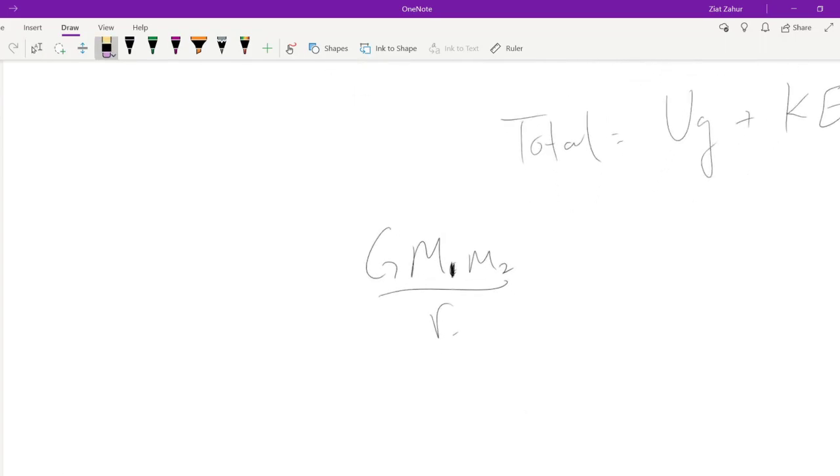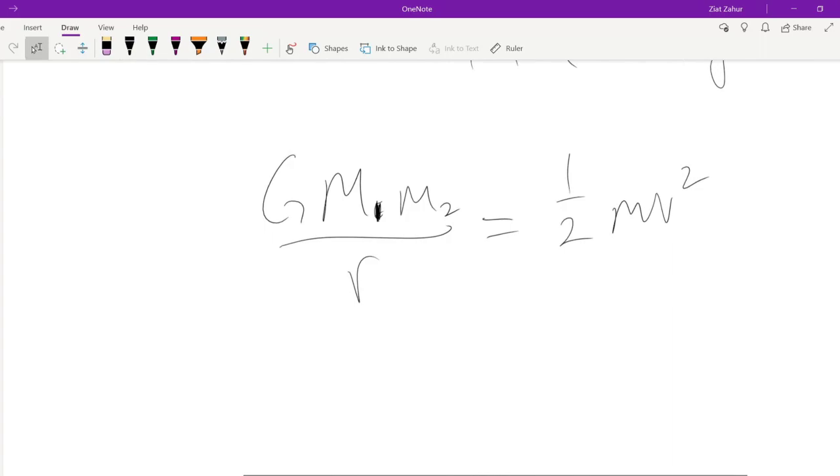It doesn't have to be Earth. And if my UG is equal to my kinetic energy, 1/2 mv squared, we have kind of given back our deficit. And this allows us to figure out how quickly we need to move to give back the deficit, the loss, or the negative energy that I'm starting with.